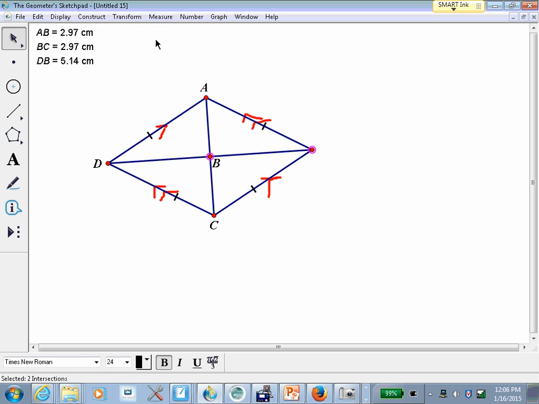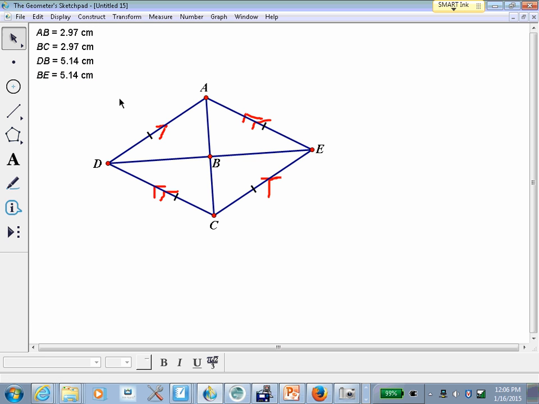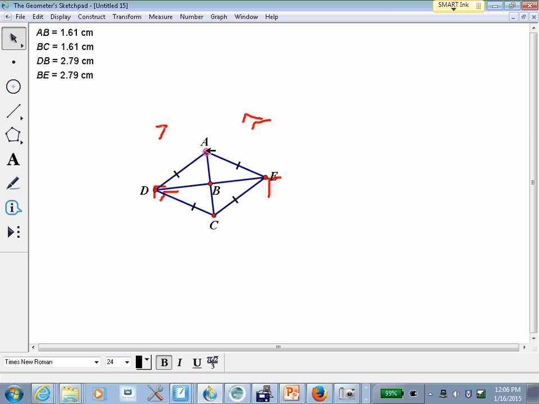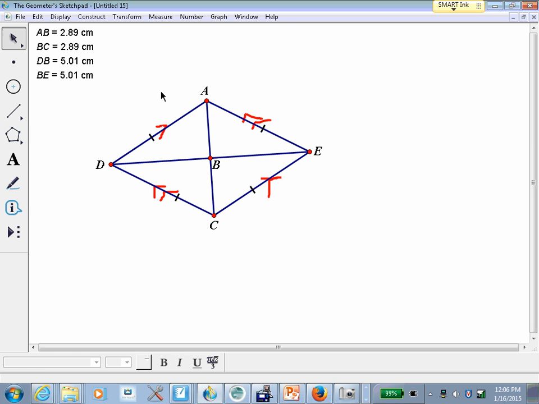I'm going to do the same thing with the other diagonal. And look, those segments are the same. Doesn't matter what size I make it, it stays the same. So the diagonals bisect one another.